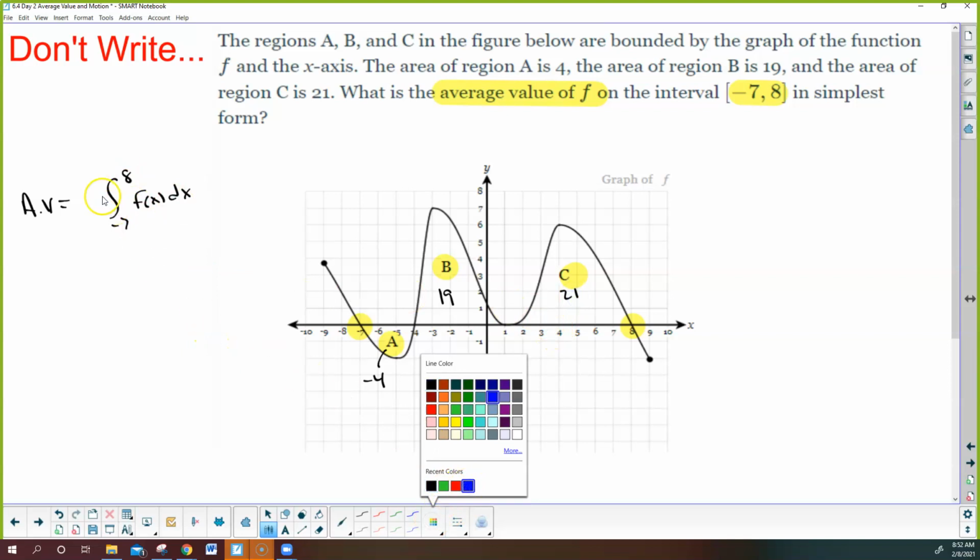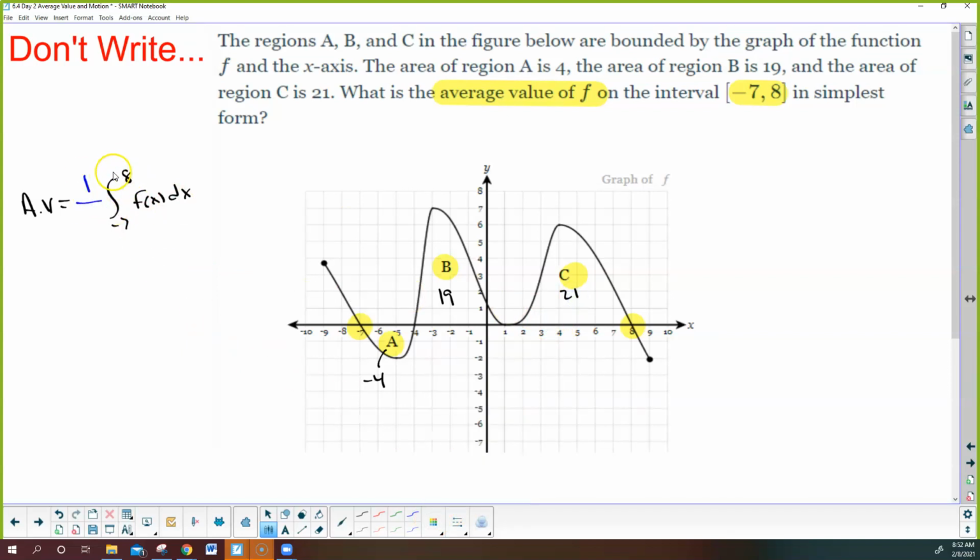But the average value says we're taking the difference of 8 minus -7. And remember, the average value is just the area under the curve multiplied by 1 over b minus a.